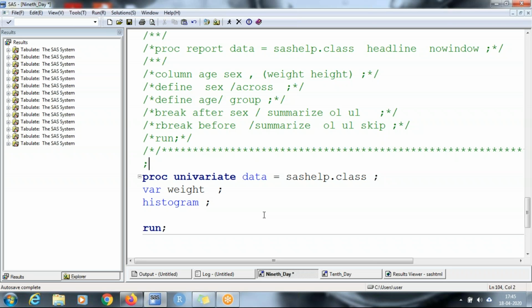So what about you, Anshu and Satakshi? What is your understanding?